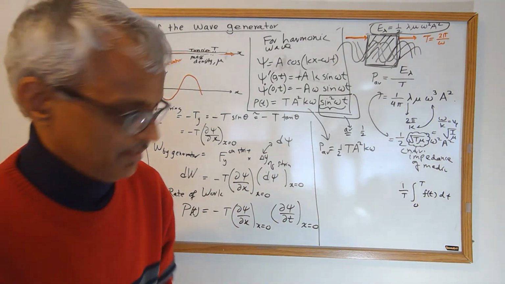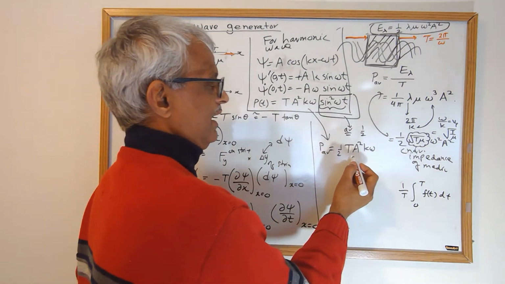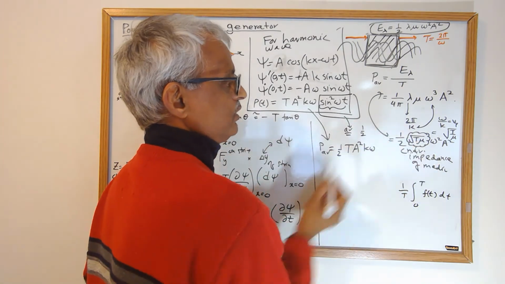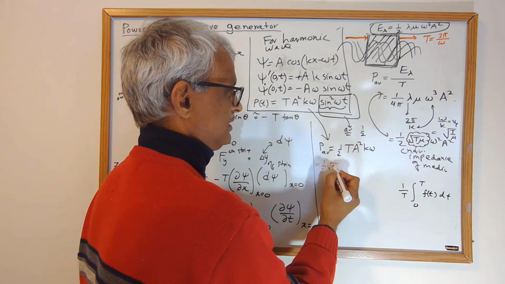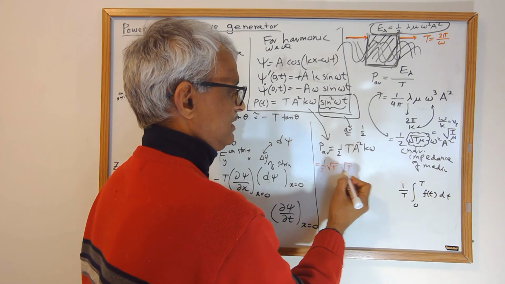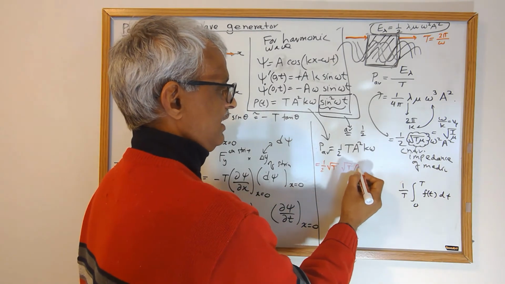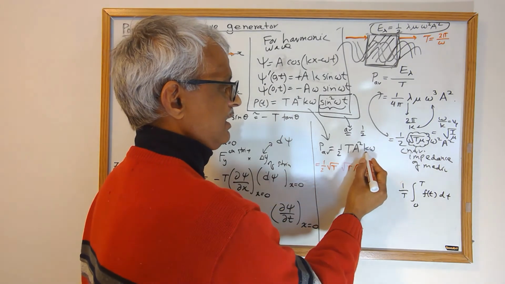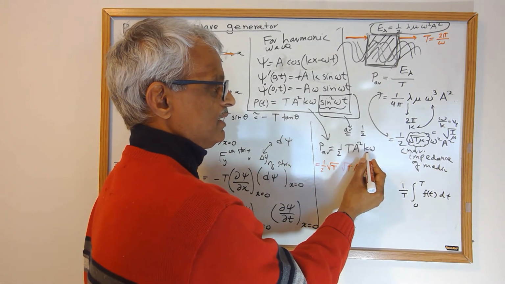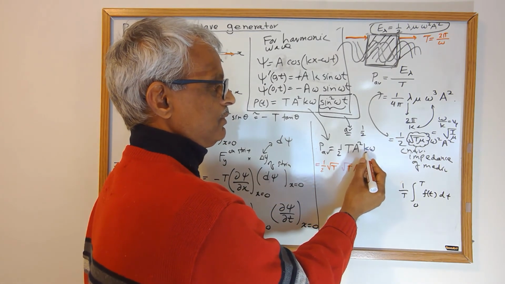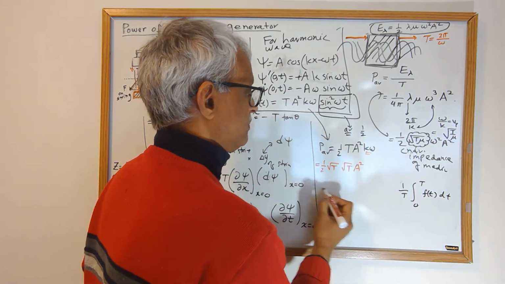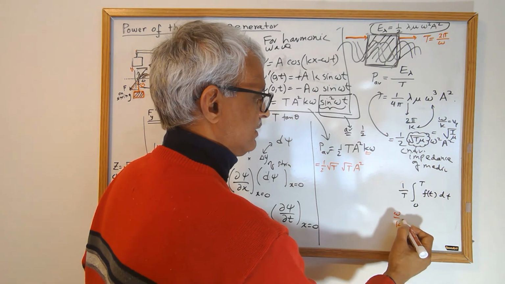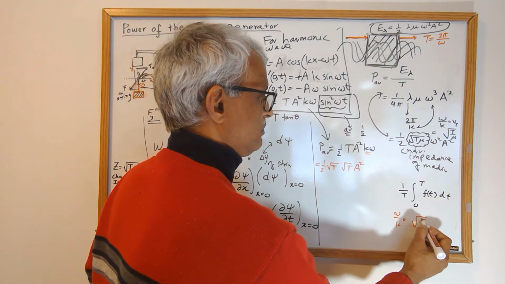I want to go to the square root of T mu, so let's break this up as half, square root of T, square root of T, and then have A squared and k. I don't want to have a k, so omega over k is the speed, which is square root of T over mu.